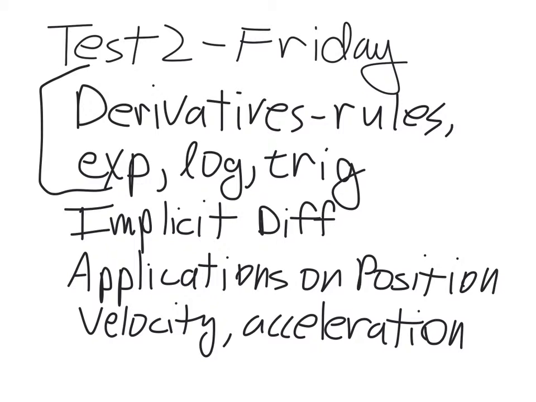Now, let's take a look at some specific details. The derivative rules. Now, the most basic one is your power rule, but sometimes those end up being the hardest because we've got to change the form of the function we're looking at to get it into x raised to some power.